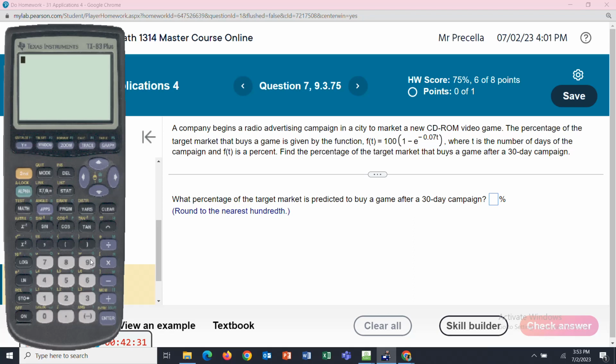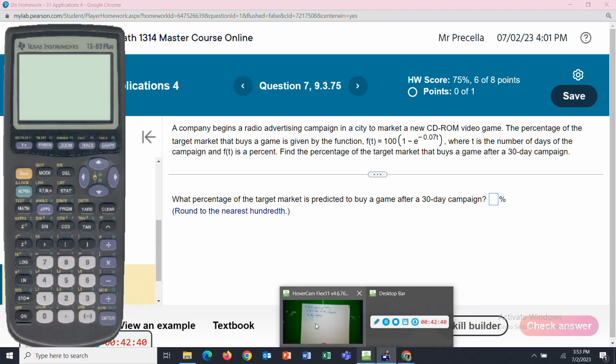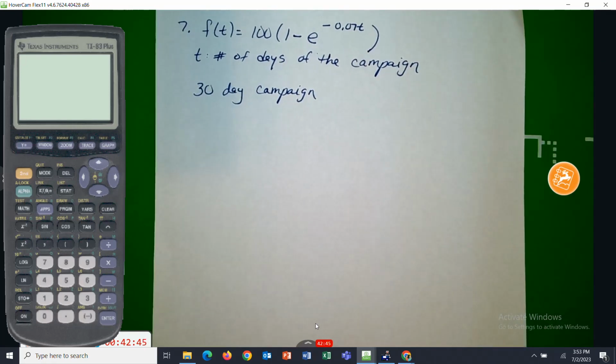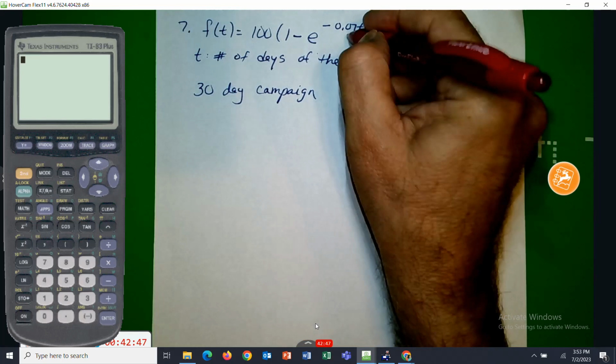So based on this function, how many people are going to buy it? Well, on this one, we're going to plug a 30 in for t.